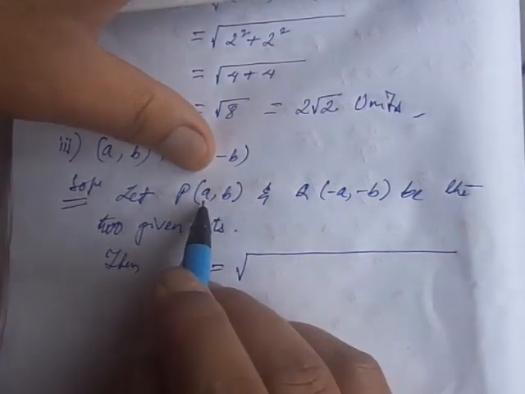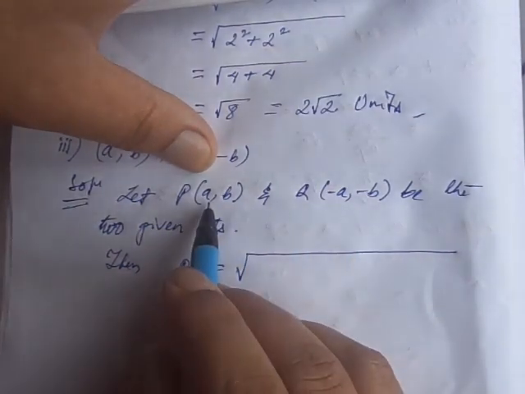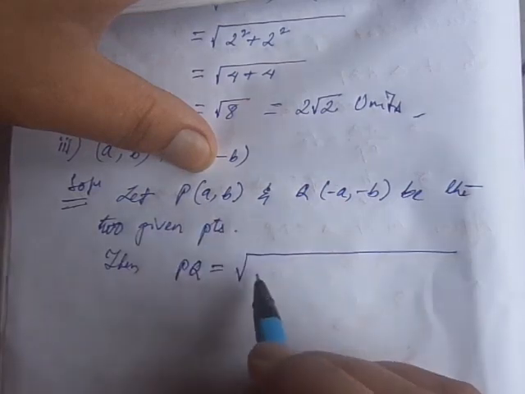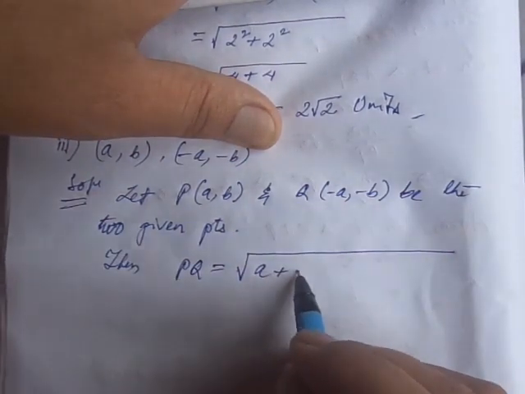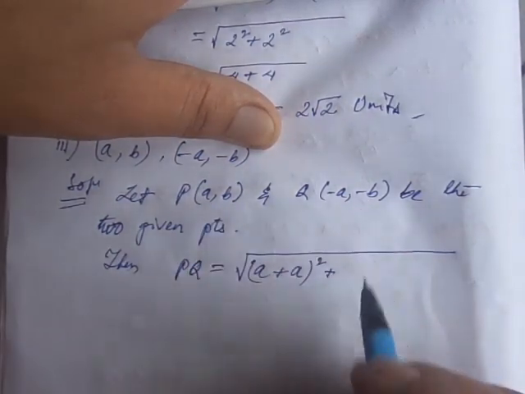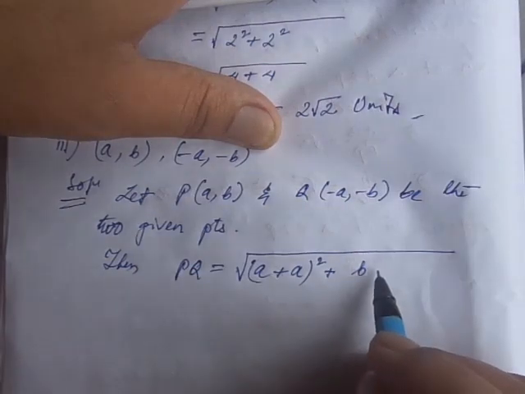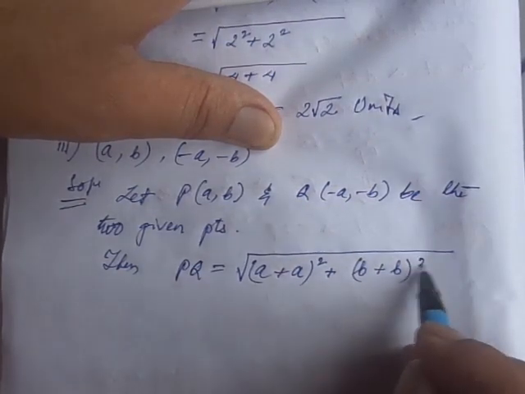Then we can say PQ equal to, like before, let's write according to the formula. Difference of abscissa a and minus a. Between a and minus a, a is bigger, means positive, so let's write the positive bigger one first. a minus minus a, so it will come plus a, whole square. And plus also b and minus b. Write the bigger positive first, then minus minus b, it will come plus b, whole square.